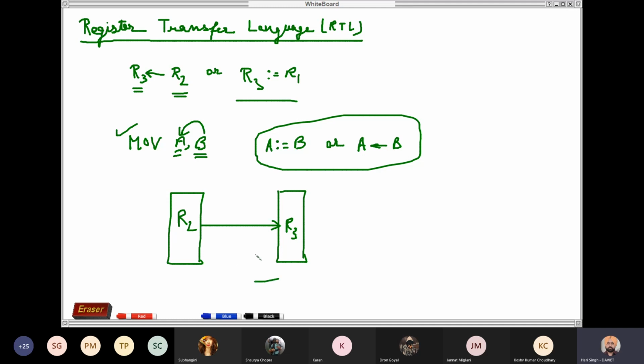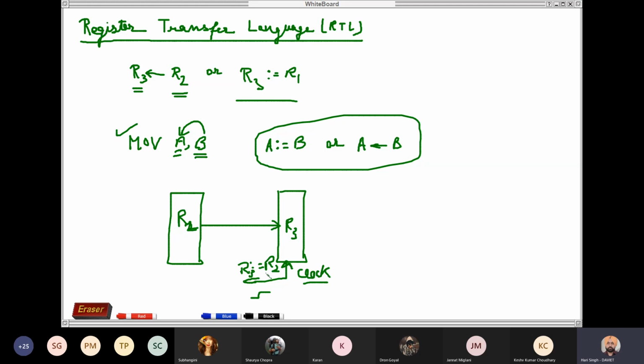Say this is a clock signal. Whenever this block receives an active clock signal from a source, then the data transfer from R2 to R3 will take place. So we can write this as R3 colon equal to R2.